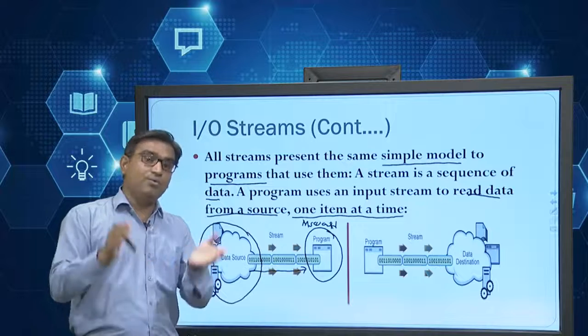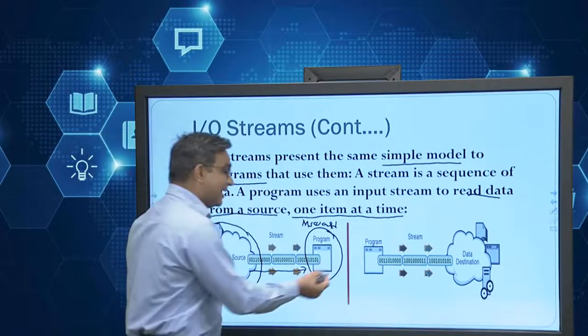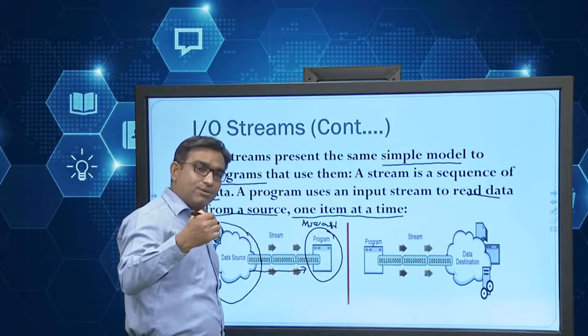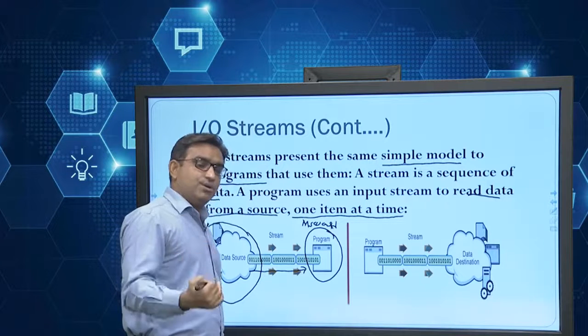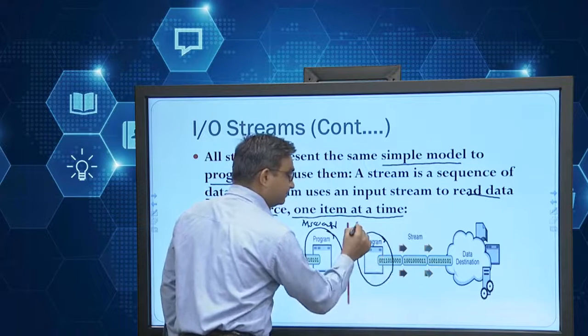Now another, we also receive input from a program to a data container. That means let's assume we want to write a Java program, and we are writing that program into a notepad file. So let's assume this is my notepad file content.